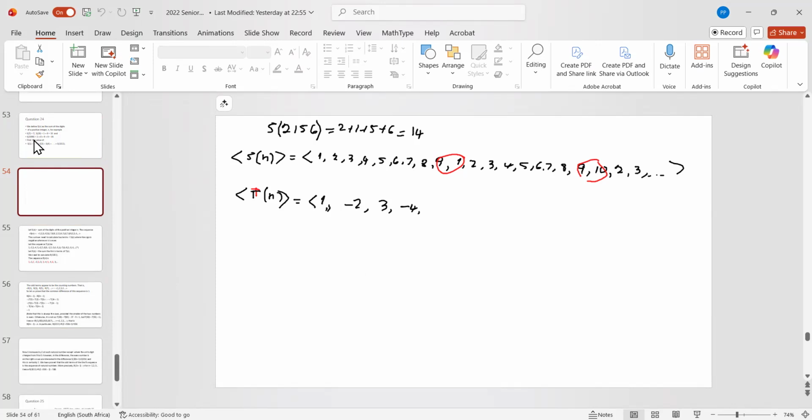If you look at the sequence, 5 minus 6, and so on.